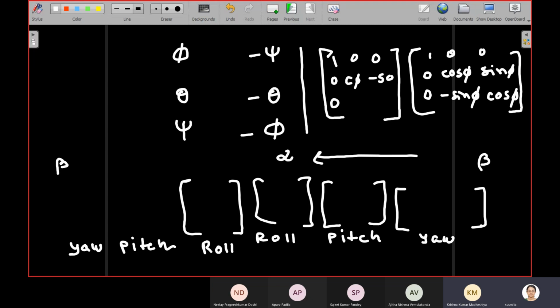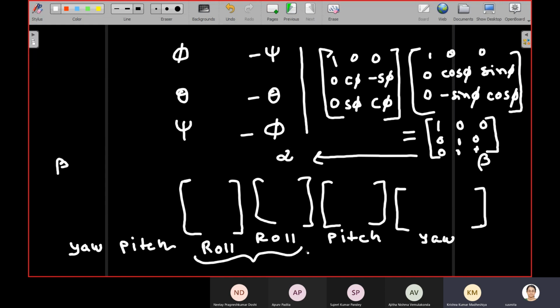This will be minus S phi, this will be S phi, and this will be C phi. So what is the product equal to? If you do the computation, you'll find that this is the identity matrix. So these two will give the identity matrix. Then similarly this and this will give the identity matrix. This and this will also give the identity matrix, right?